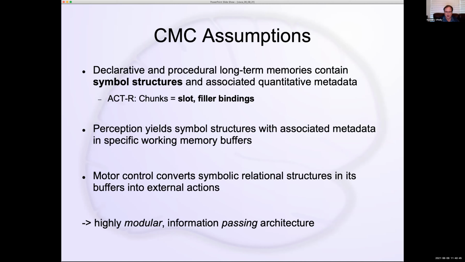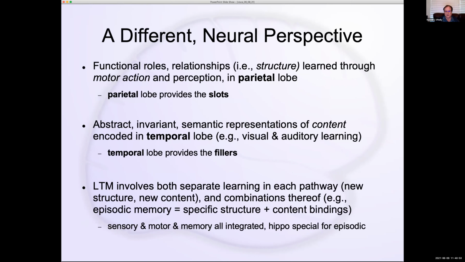Okay. So I'm going to push back on that a little bit and try to articulate a different perspective that I think fits perhaps better with the structure of the brain.